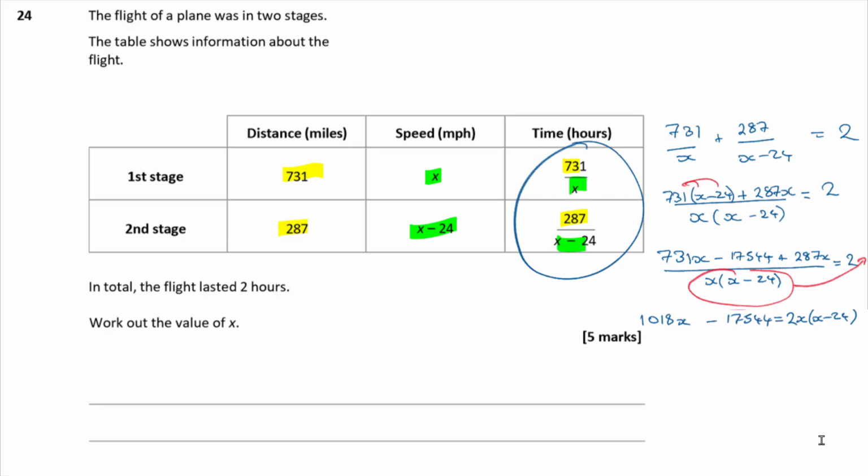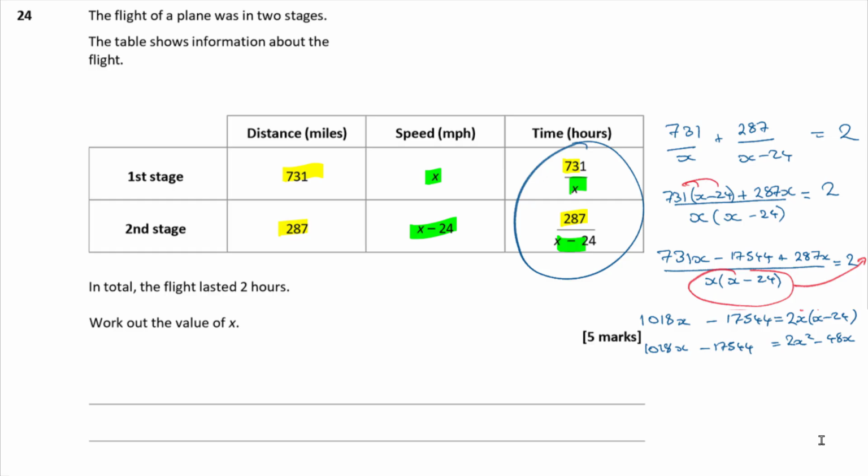So then I've got to remove the brackets on the right hand side there, haven't I? So that's going to give me on the right, 2x squared minus 48x. And on the left, I've still got 1018x minus 17,544.